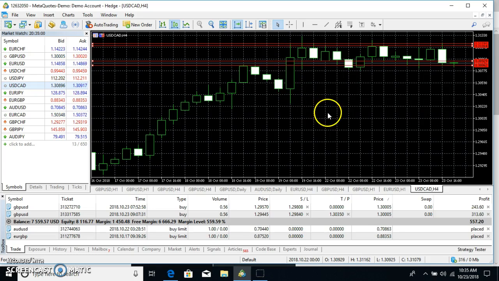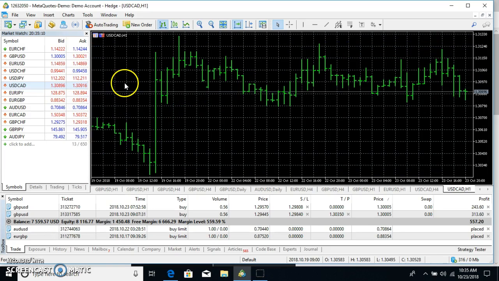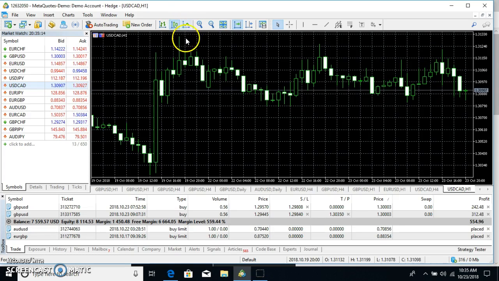And obviously, if I'm looking at the Canada, let me get a clearer version. Let me change it to candlestick. If I'm looking at the US Canada, I'm looking at the 4-hour. I'm looking at pattern recognition.